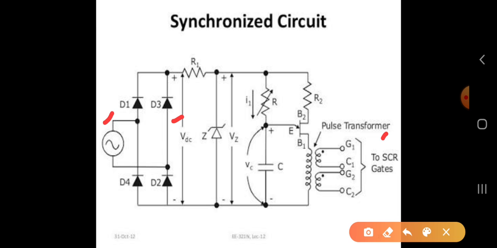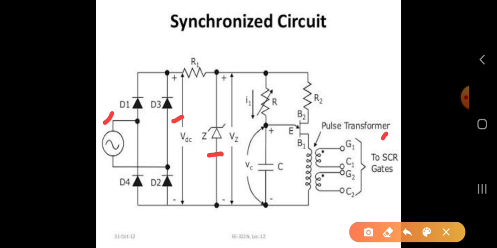Now this rectified voltage is applied to the Zener diode. You can observe here that I have used Z, which indicates this component is a Zener diode. The Zener diode is used to give a fixed voltage to my UJT.